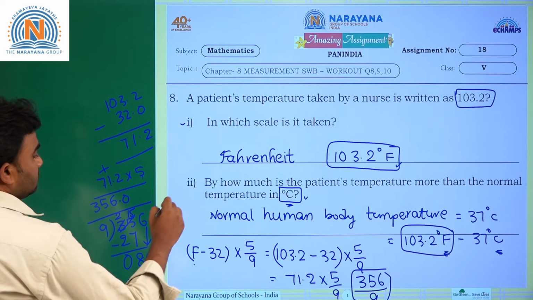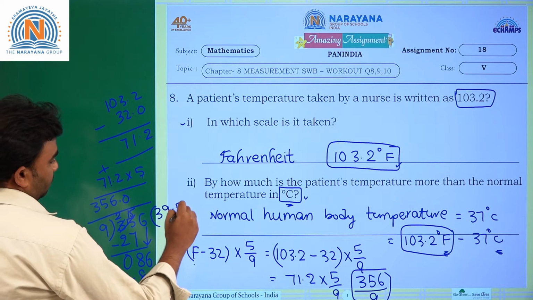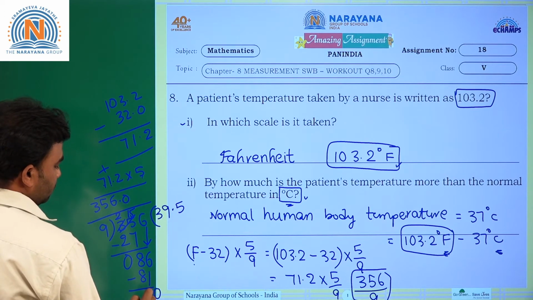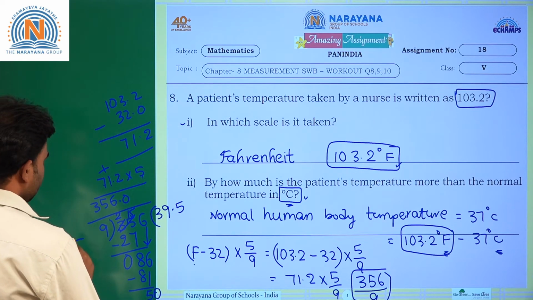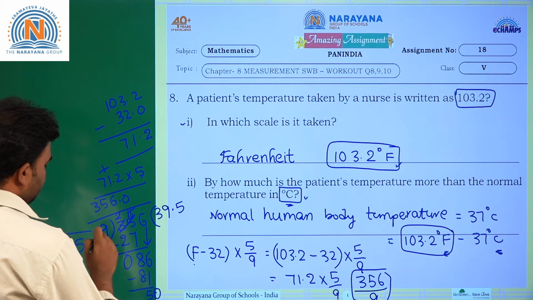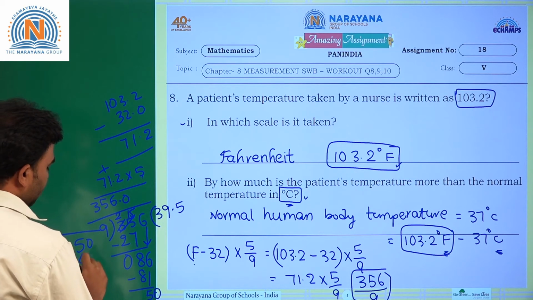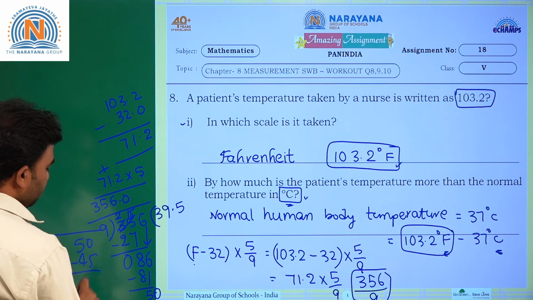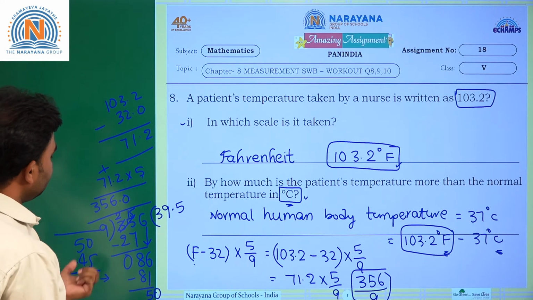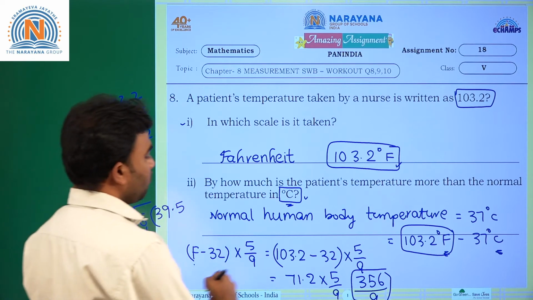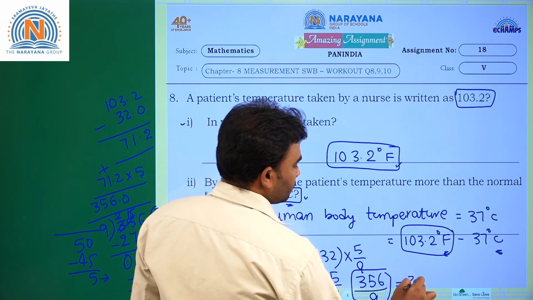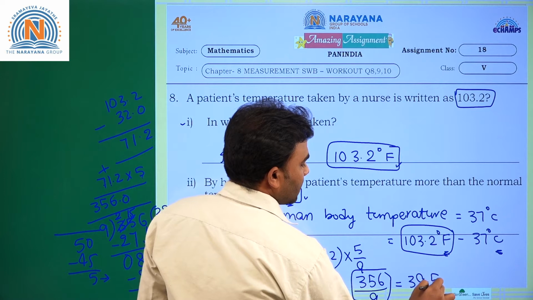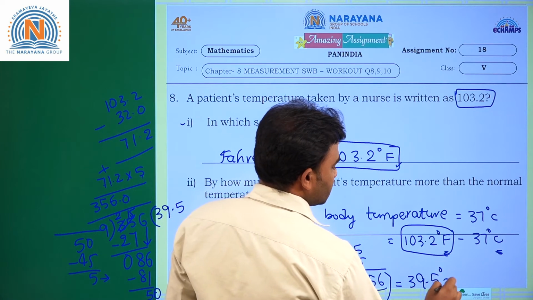Next, 9 5's are 45, 50 minus 45 is 5, again we are getting 5. So it will continue, 39.5 is the answer, that is in degree Celsius.